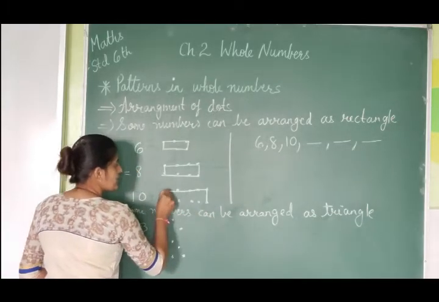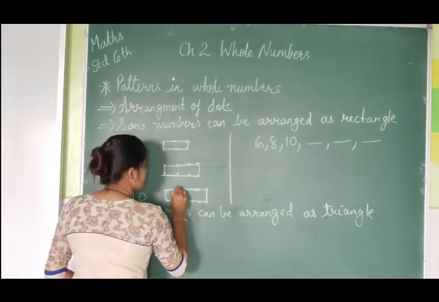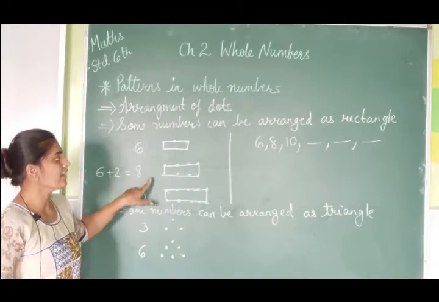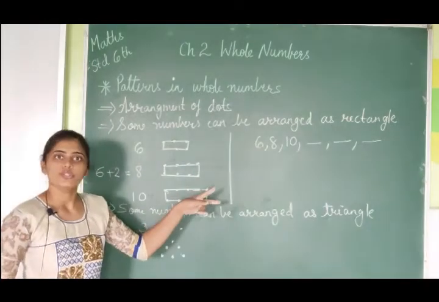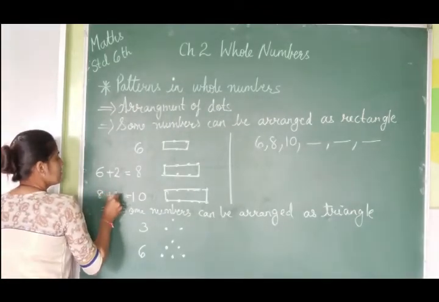Here also you are able to form a rectangle. So how are we getting 10? In 8 we are adding 2 new dots, so 10 can be written as 8 plus 2.